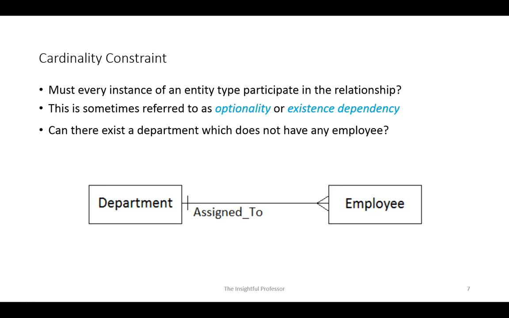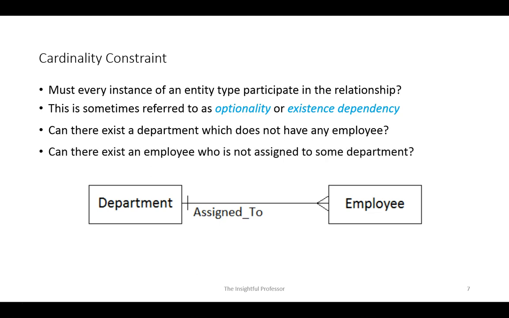Let's reconsider department and employee, and we ask a couple of questions. Can there exist a department which does not have any employees? Can there exist an employee who is not assigned to some department? Note that neither of the questions may be clearly answered from our diagram.